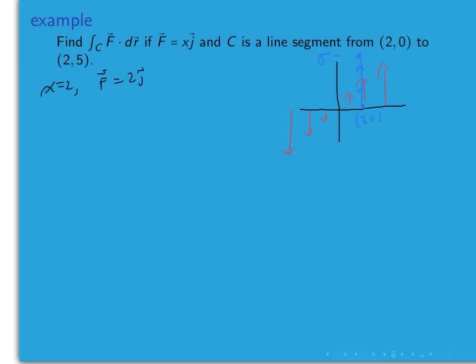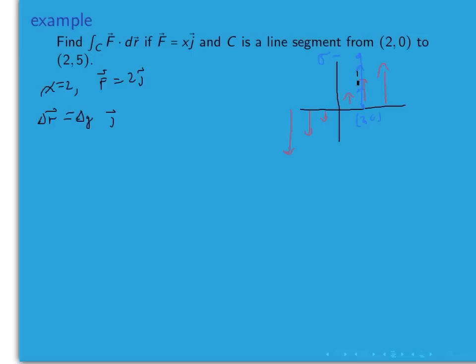Okay. Also, we want to think about the change in position. And notice this is a vector. So delta r is a small piece of this path. And we're going to rewrite this delta r a little more precisely to be helpful. Notice that each of these delta r's also points only in the j direction, and its length I'm going to write more descriptively as delta y.